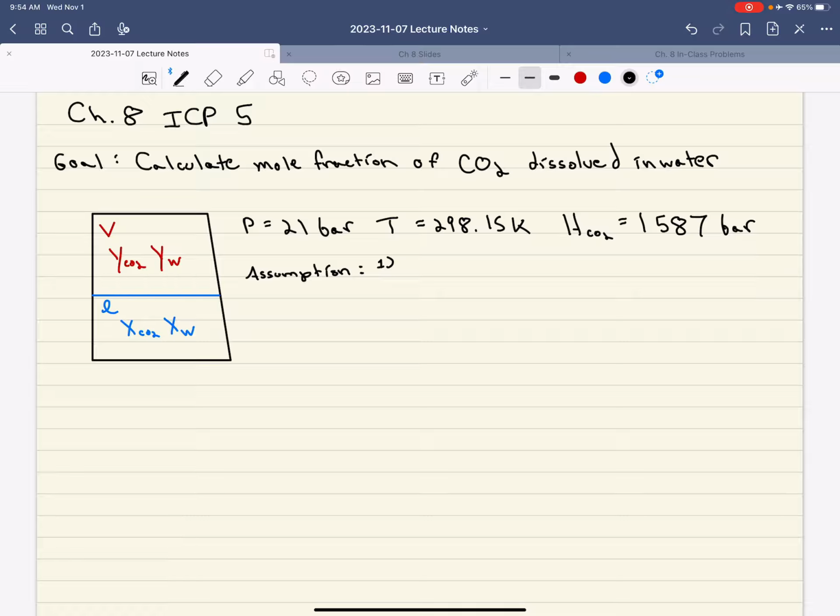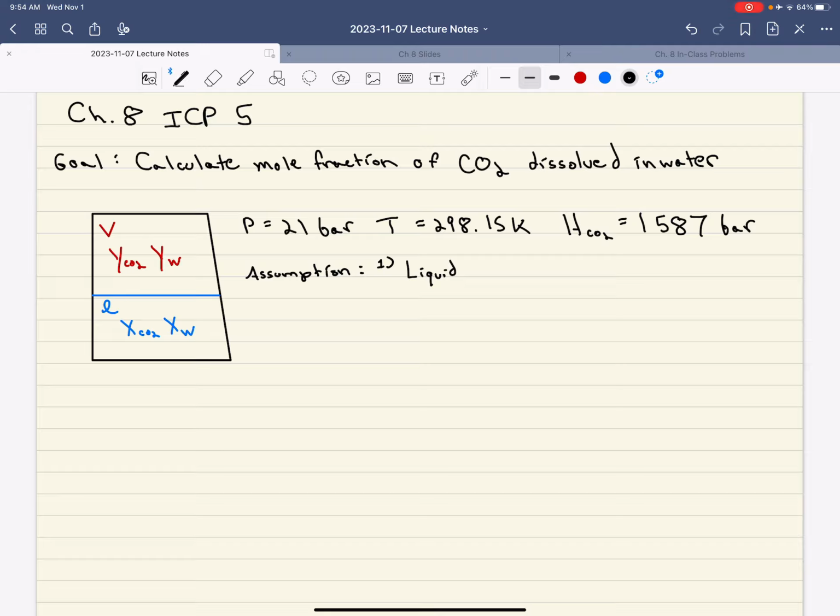We're told to do that in the problem statement, but the justification has to do with what concentration of CO2 we expect in the liquid phase. As you may remember from Mass and Energy Balance 1 or previous courses, CO2 actually isn't that soluble in water. You only get small amounts of it that like to stay in water.